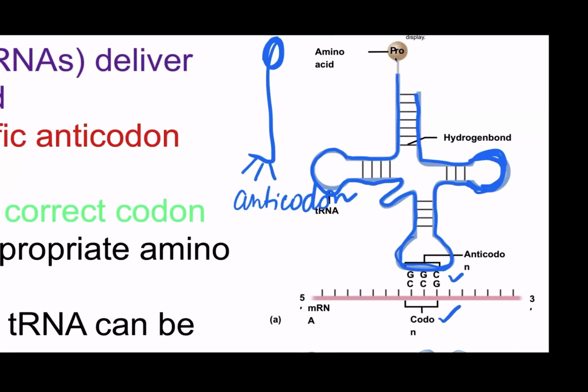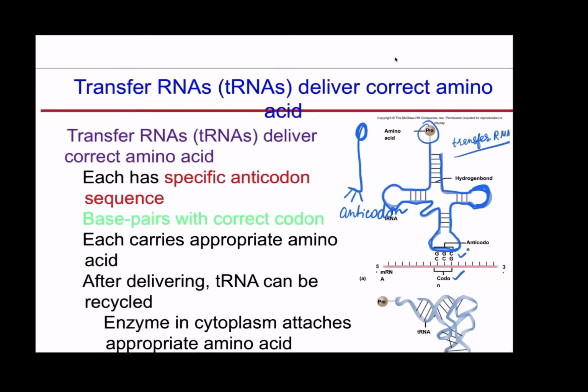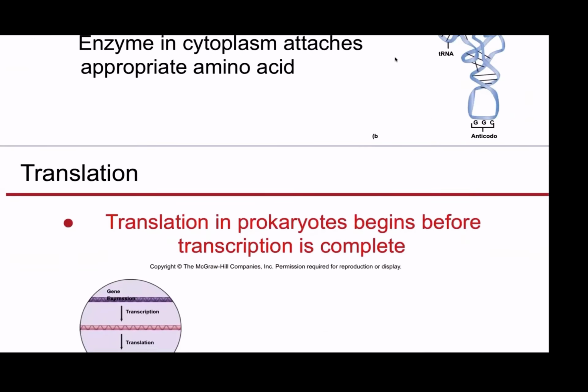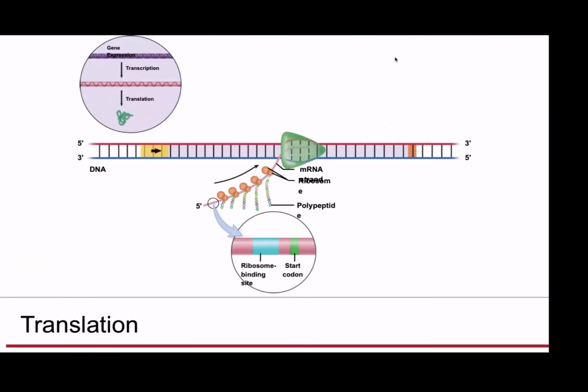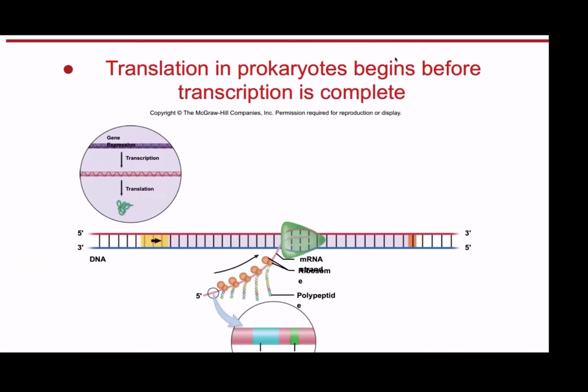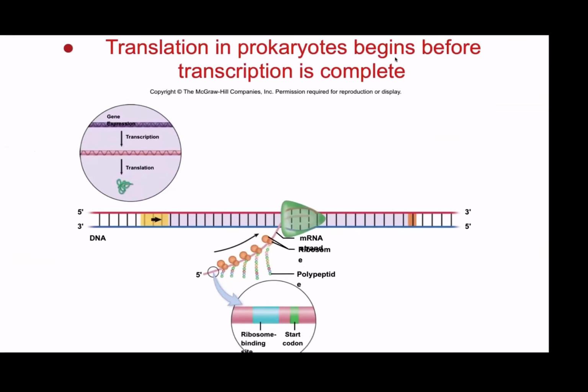The purpose of tRNA is to bring the amino acids. We also call it transfer RNA, because it transfers the amino acids to the protein synthesis machinery. So we need mRNA, and we need the amino acids which tRNA is bringing. And here you can see that translation in prokaryotes begins before transcription is complete.